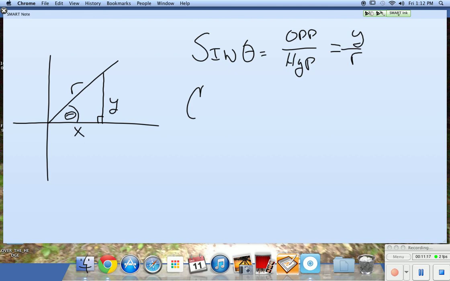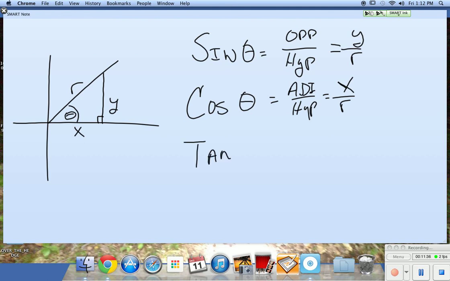Same thing with cosine of theta. It is adjacent over hypotenuse, which equals, in this case, x over r. And tangent theta equals my opposite over my adjacent, which equals y over x.